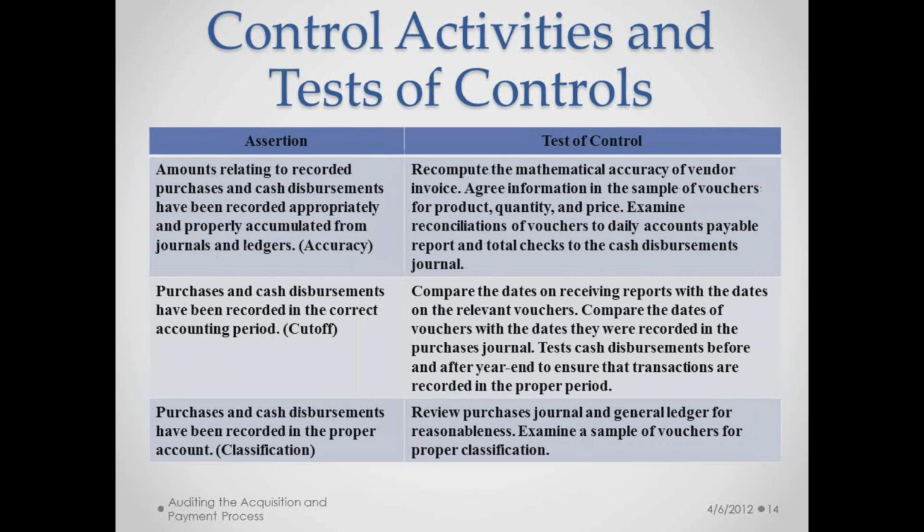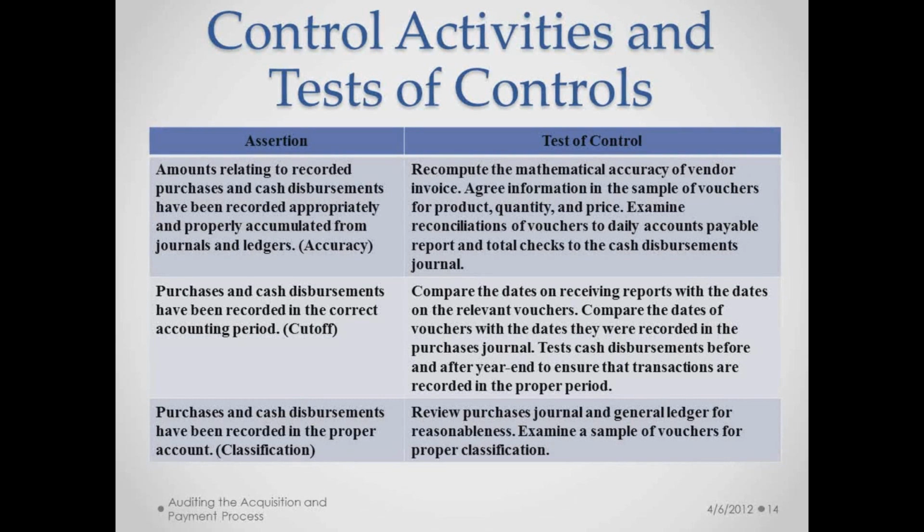And so to ensure that the purchases and disbursements are being made in accordance with the company's guidelines and in the company's best interest. Other assertions, again, accuracy, cutoff, classification, the same assertions that we talked about previously. So for accuracy, you basically want to make sure that the vendor's invoice, for example, is correct, right?